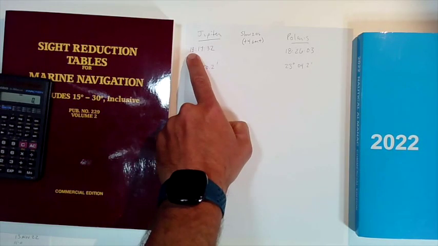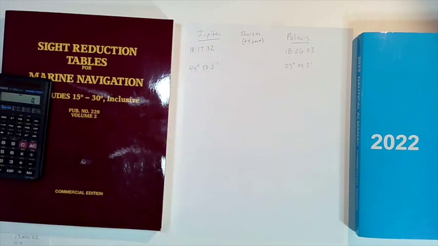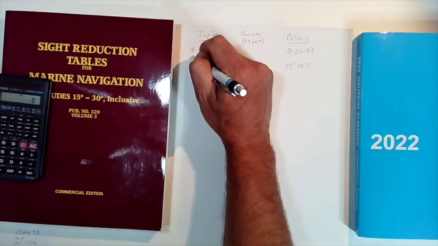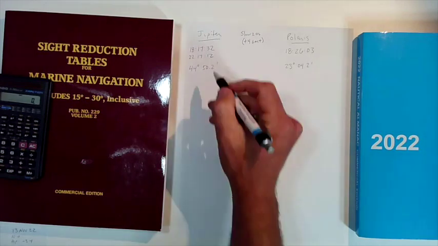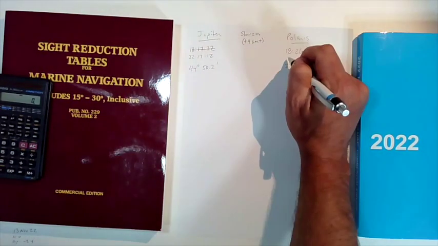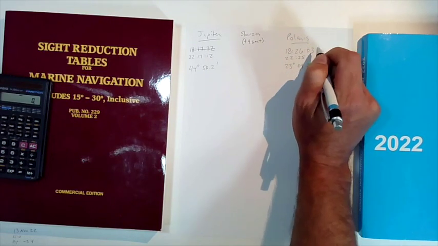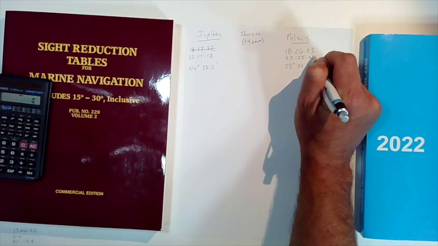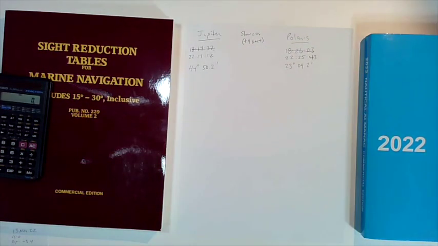So if it's 1800 at me, that's 19, 20, 21, 2200 for GMT, which is what the books are calculated for. So we're going to make these adjustments. It's 22:17:12 for our actual time for Jupiter. And then it was 22:25:43 for Polaris, to account for those 20 seconds that we were slow for each of these.